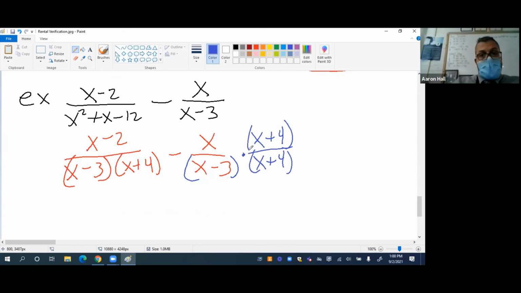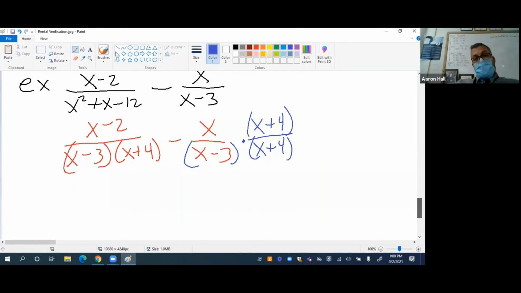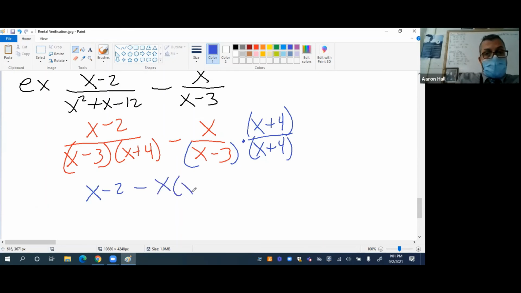Do you see that we have a common denominator now? Once we get a common denominator, we just subtract the numerators. So that gives us x minus 2, the quantity of x minus 2, minus x times x plus 4.